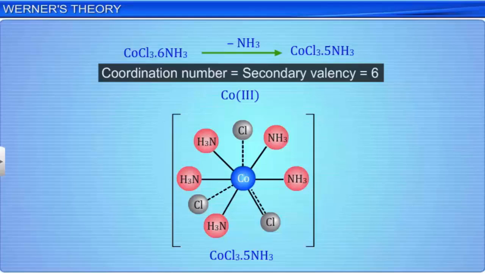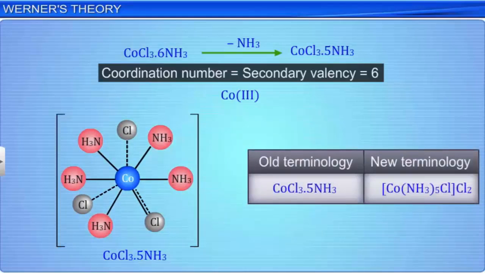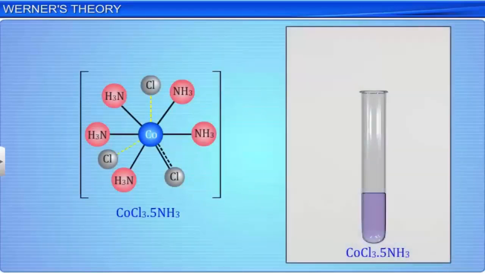That is, it satisfies the primary as well as the secondary valency of cobalt. In modern terms, the complex can be written as [Co(NH3)5Cl]Cl2. Thus, only 2 of the 3 chloride ions are ionic, and thus only 2 are precipitated as silver chloride with silver nitrate.